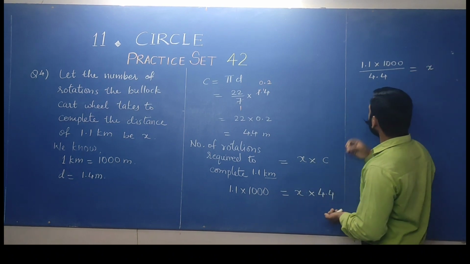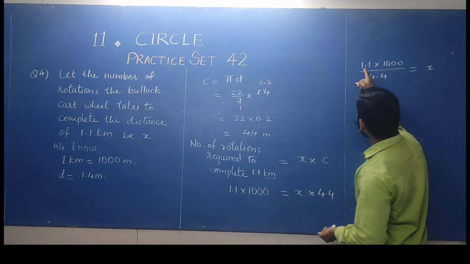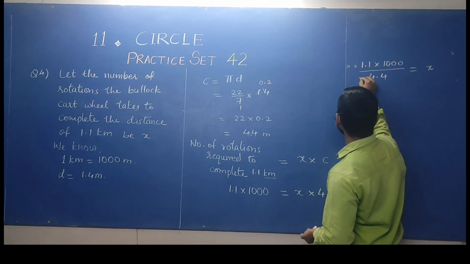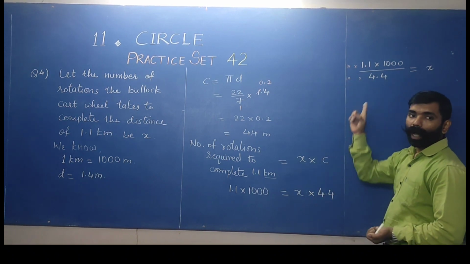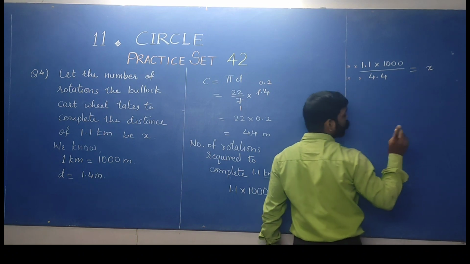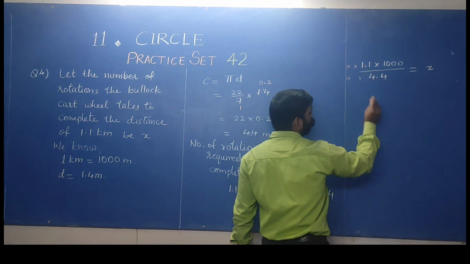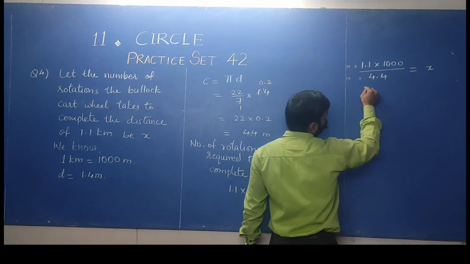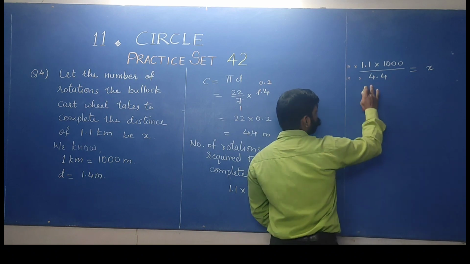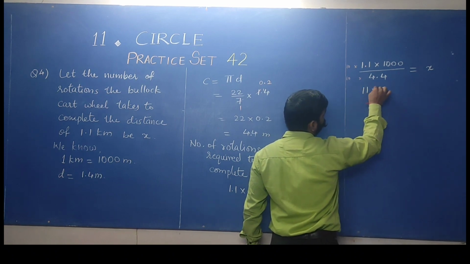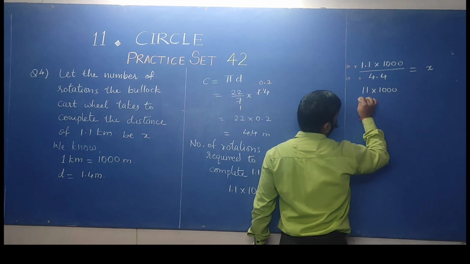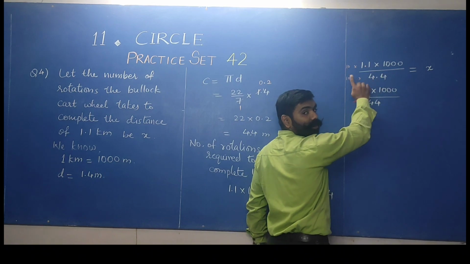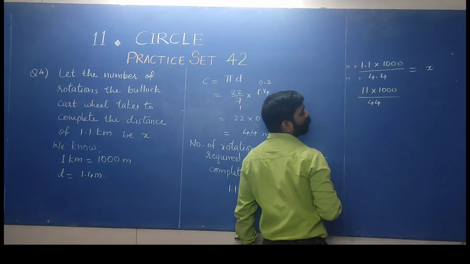Okay, so here I am removing the decimal point by multiplying 10 in the numerator and 10 in the denominator, so that our division does not contain any decimal points. So I am cancelling it out. Let's see what I will get. 11 multiplied by 1000 upon 44. 10 multiplied by 4.4 is 44 and 10 multiplied by 1.1 is 11.